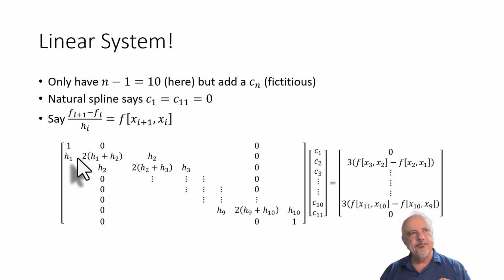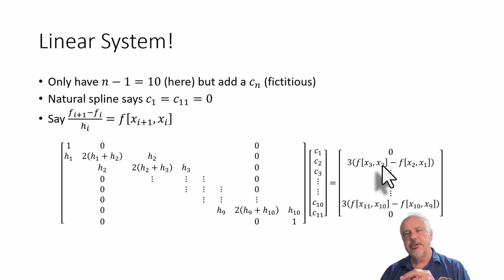So for example, the second row is going to be H1 times C1 plus 2 quantity H1 plus H2 times C2, and then H2 times C3, and the right hand side would equal 3 times a bracket, the bracket being Fi plus 1 minus Fi over Hi, and we show that as a bracket of F, Hi plus 1, Xi.